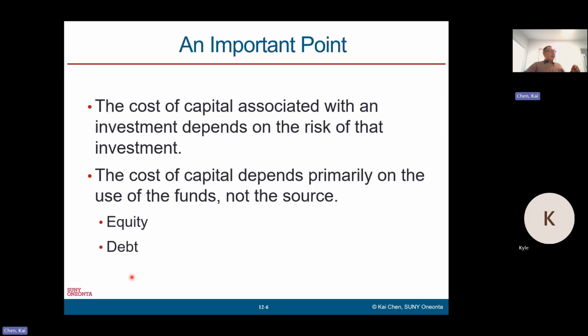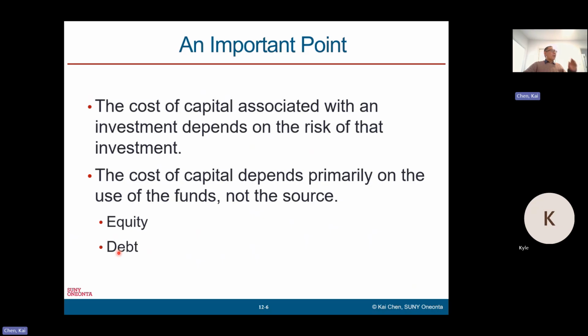If some dollars are used in debt, then we determine the cost of debt based on the risk of the debt. Of course, the equity and the debt have different risk, right? Until now, we know the debt has much smaller risk than equity.